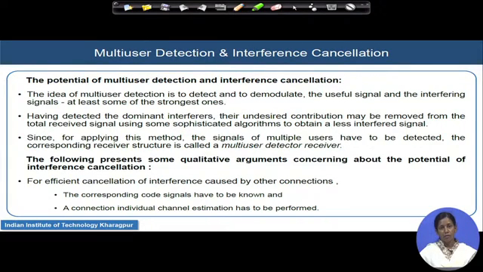The potential that is involved in multi-user detection and interference cancellation. So, multi-user detection and cancellation says that the idea is that we should be able to detect the multi-user signals in the receiver, along with our useful signal. If we are able to detect the independent user signals apart from our intended signal, then we can at least get an idea who are the stronger interferers.